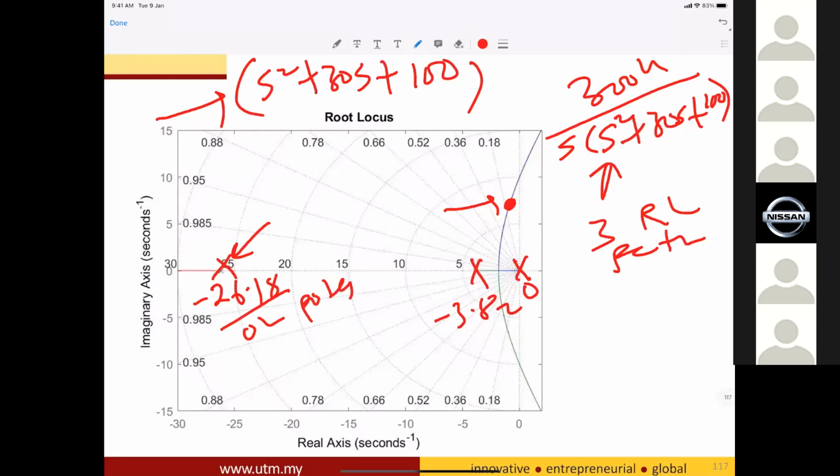One more question. This is the point where gain equals 0?